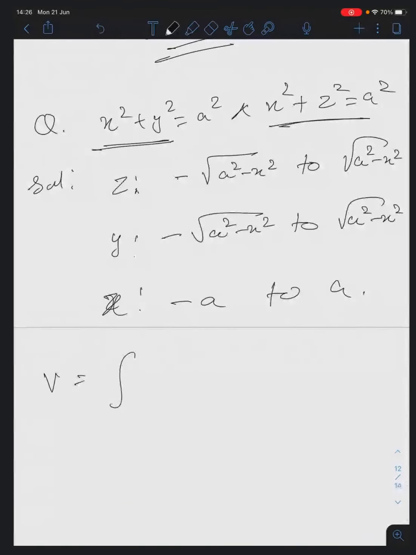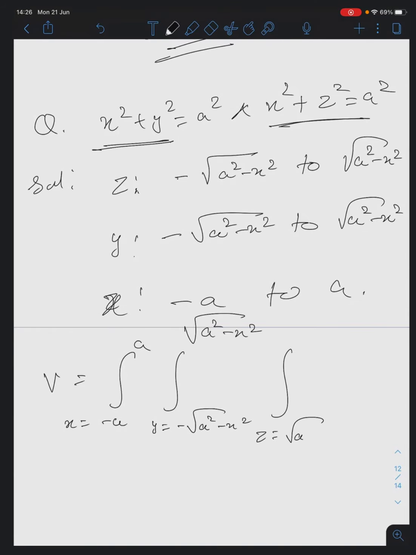Okay. Now you calculate the volume here. The volume, x is minus a to plus a, limits of y minus root over of a square minus x square to plus root over of a square minus x square, limits of z minus root over of a square minus x square to root over of a square minus x square, first with respect to z, then with respect to y, and then with respect to x.